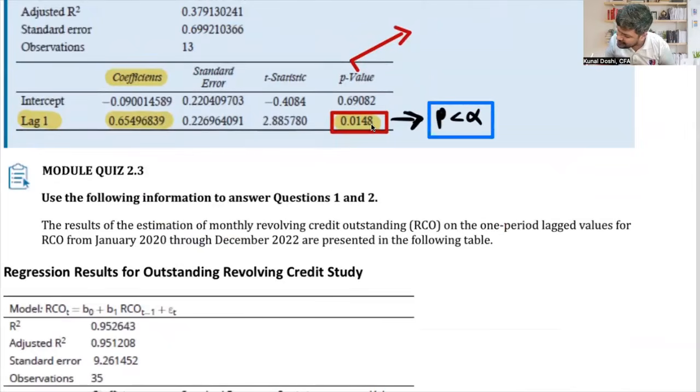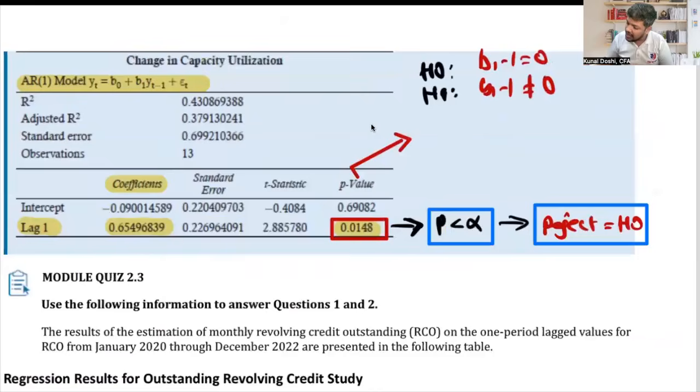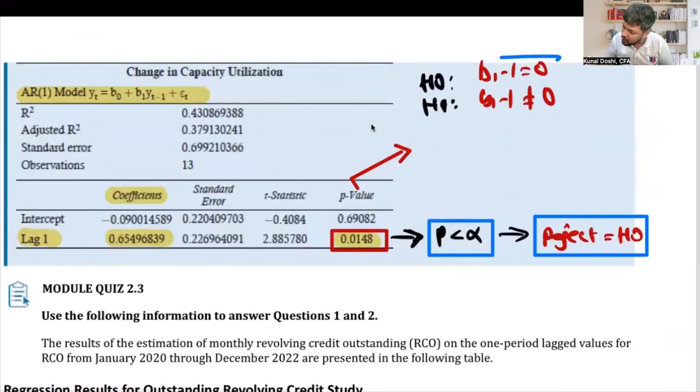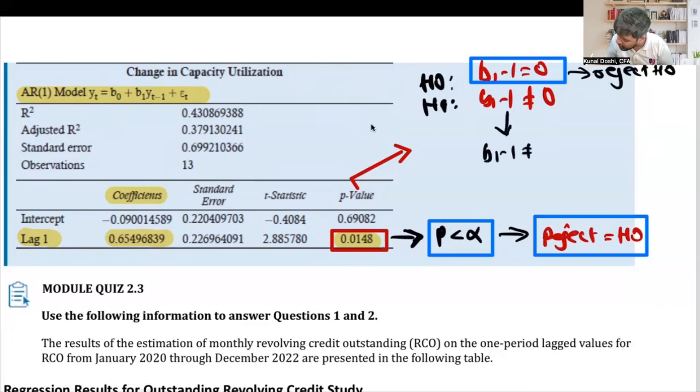So my decision will be, if the p is below alpha, we reject the null. And what is the null? The null is that b1 minus 1 is equal to 0. We reject this, so we reject the null. If we reject the null as per our decision, our conclusion is that b1 minus 1 is not equal to 0, or I can say b1 is not equal to 1.